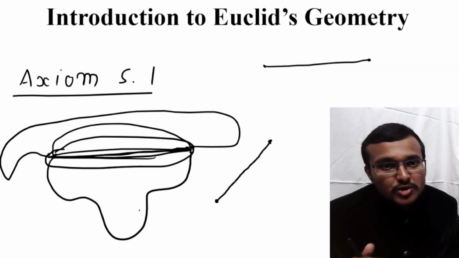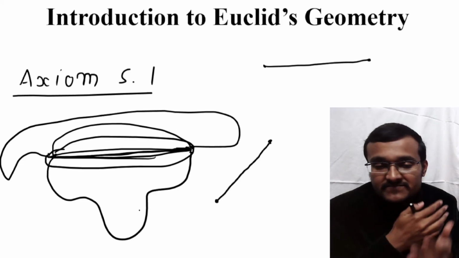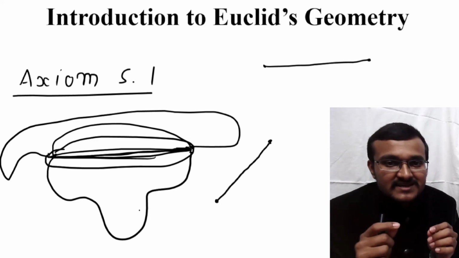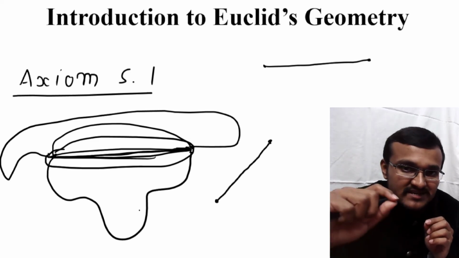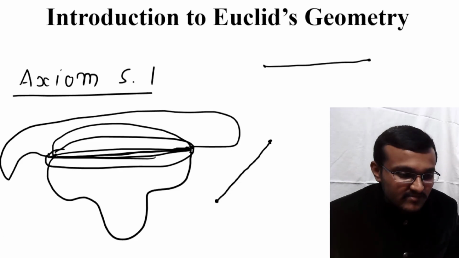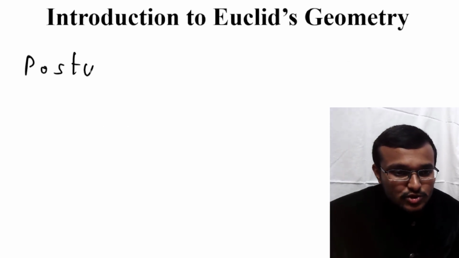No other ways are possible. If you connect those two points through other ways, then those ways are not straight lines. This is axiom 5.1. Now looking into postulate 2.